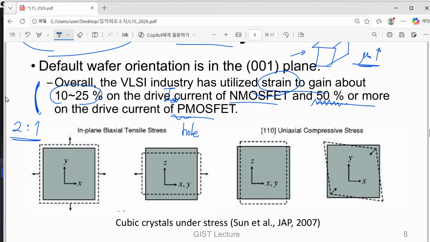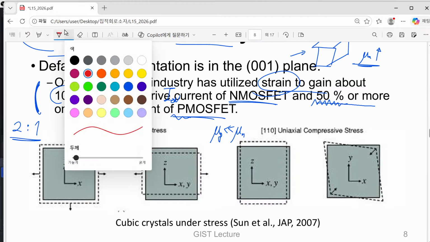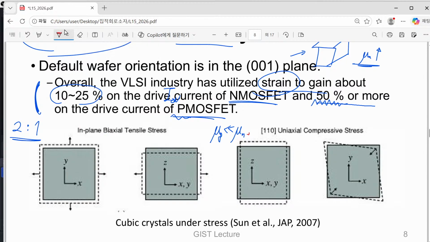However, that was the case of our planar MOSFET, and nowadays they have almost comparable mobility values between NMOSFET and PMOSFET. It is because previously hole mobility was much lower than electron mobility. But when we introduce this strain effect, of course, electron mobility is improved, and at the same time, hole mobility is improved.